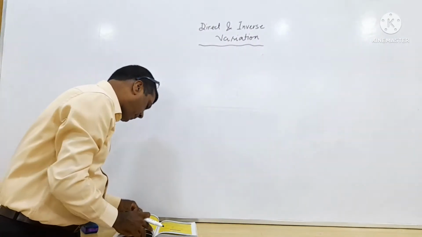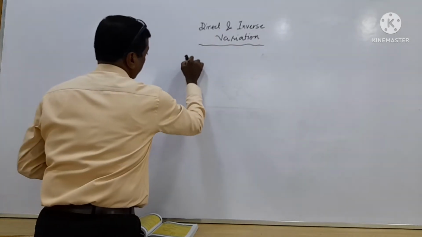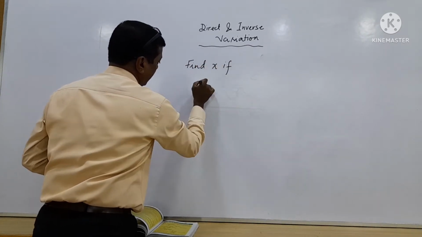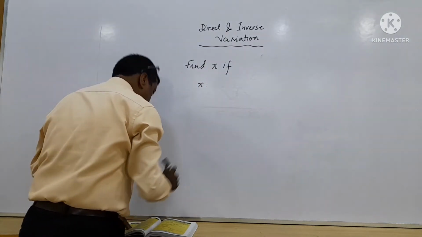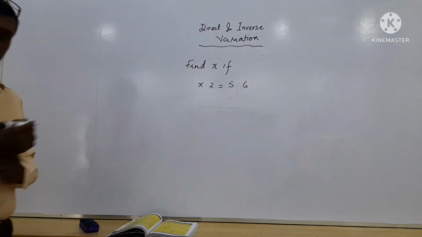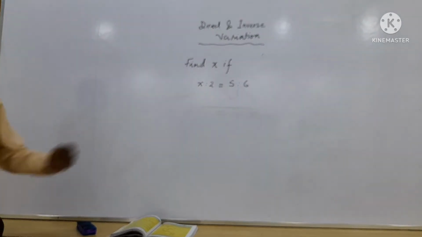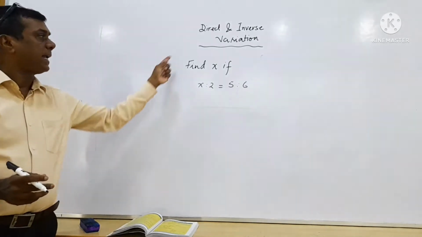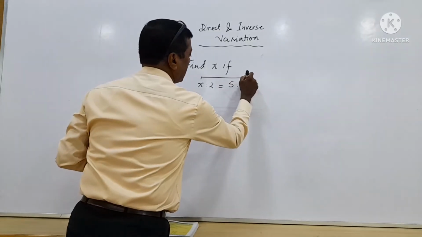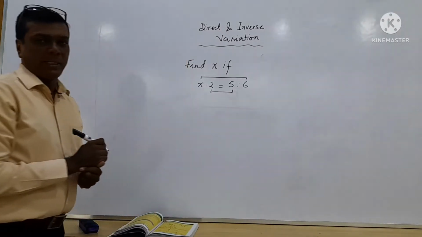Sometimes they give me ratios like: find x if x ratio 2 is equal to 5:6. How do I do that? To find the value of x, what I do here is multiply the extremes and multiply the means.